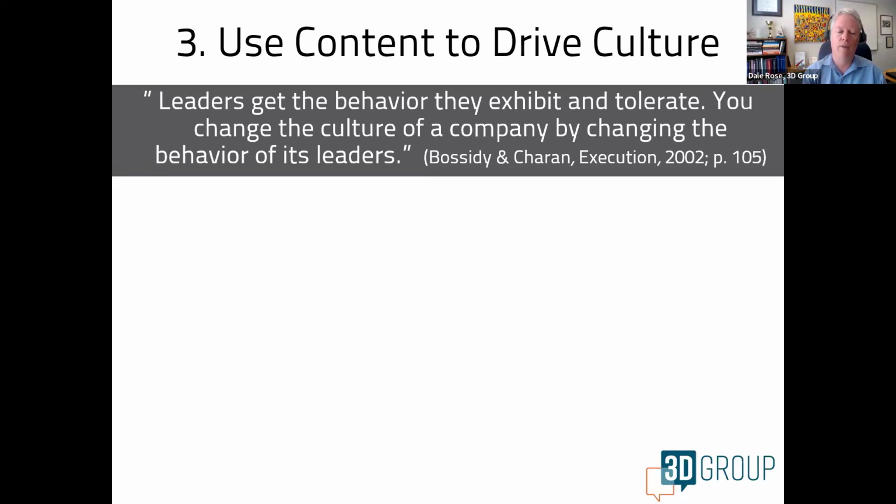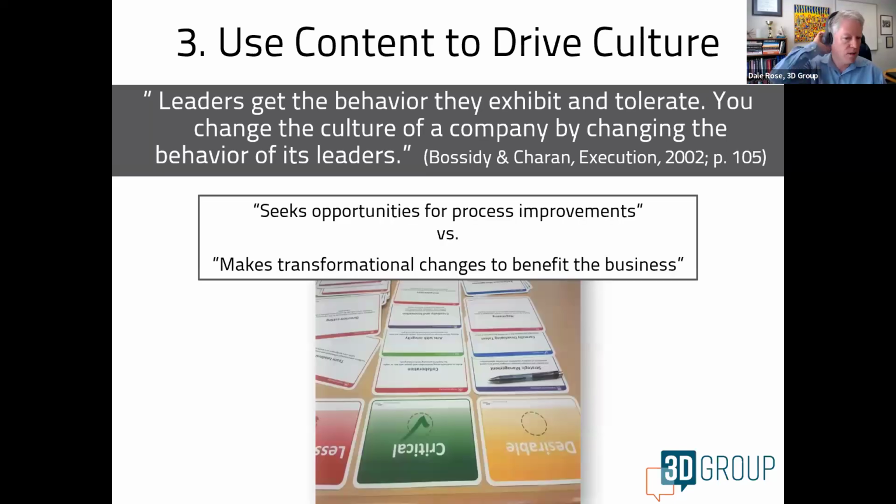So if you think about these couple of items here, seeks opportunities for process improvements or makes transformational changes to benefit the business. If you're expecting your leaders to do one of these two things, and you're evaluating leaders across the entire company on one of these two things, you can see how the organization will be different based on the choice you make. And the other choice is to not even include this at all.